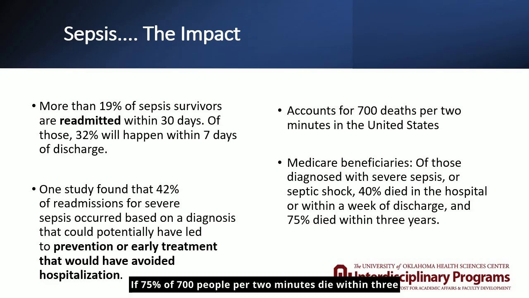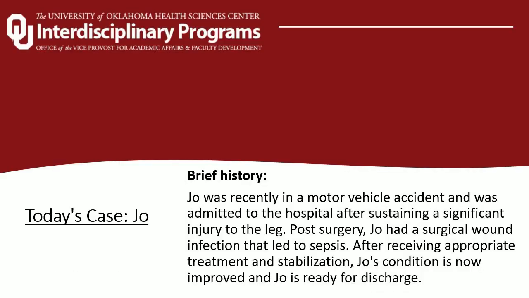If 75% of 700 people per 2 minutes die within 3 years, but we might be able to do something to help them, then all the time we're spending today is worth it. Okay, next.